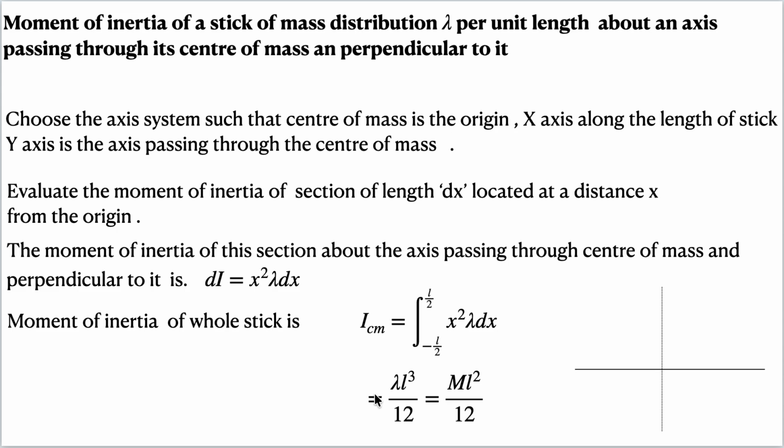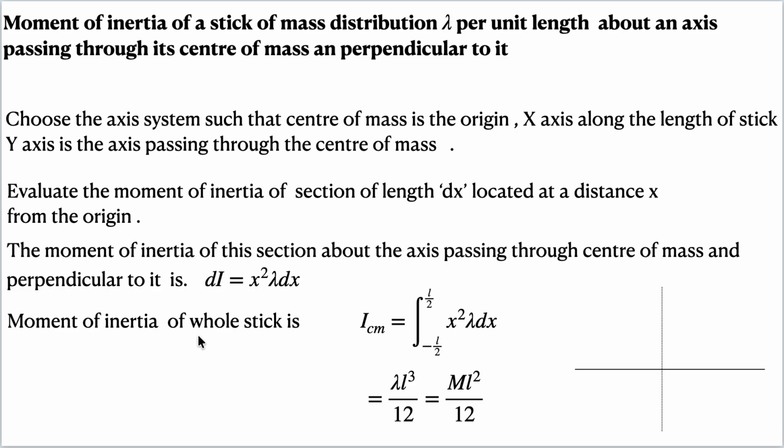Evaluate the moment of inertia of a section of length dx located at a distance x from the origin. The moment of inertia of this section about the axis passing through the center of mass and perpendicular to it is dI equals x square lambda dx, because lambda dx is the mass of the section considered and x square is the distance from the axis.